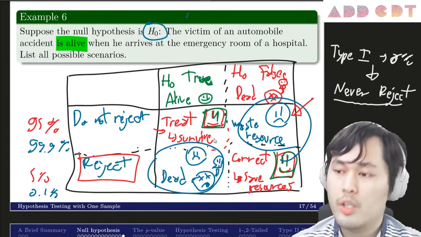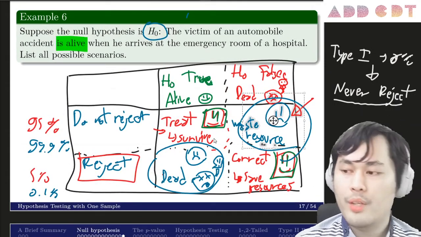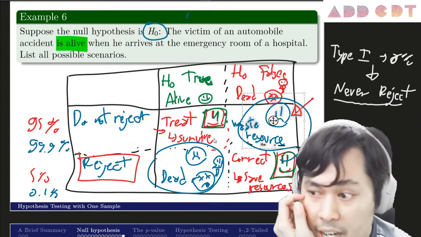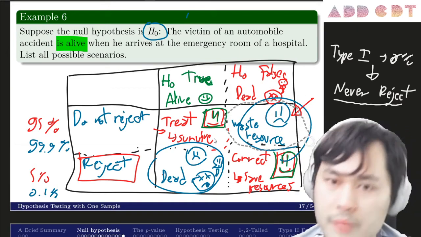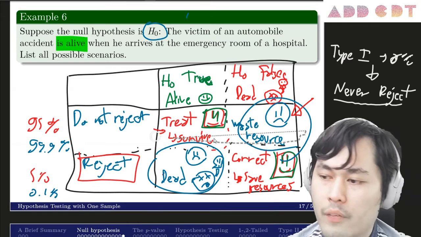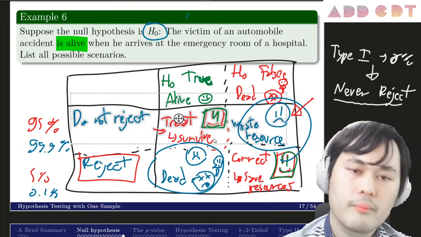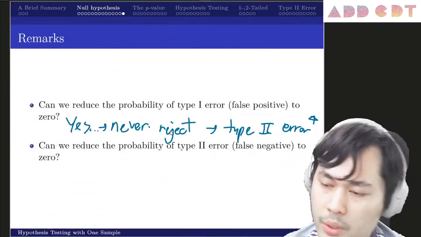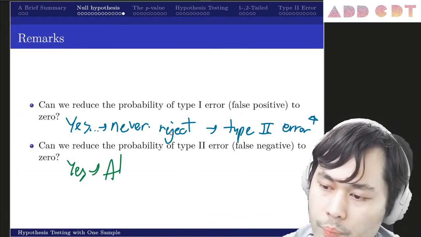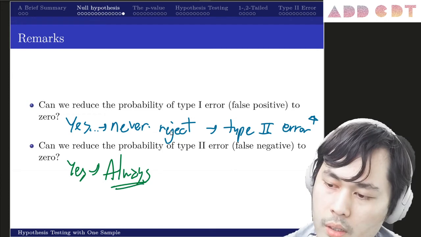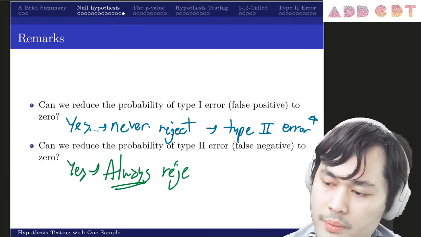So let's say we do not want to waste resources. We want to avoid this scenario here. What do we do here? Again, if we don't want to get to here, we can just ignore the top row altogether. Now that means we can reduce it, but we have to always reject.